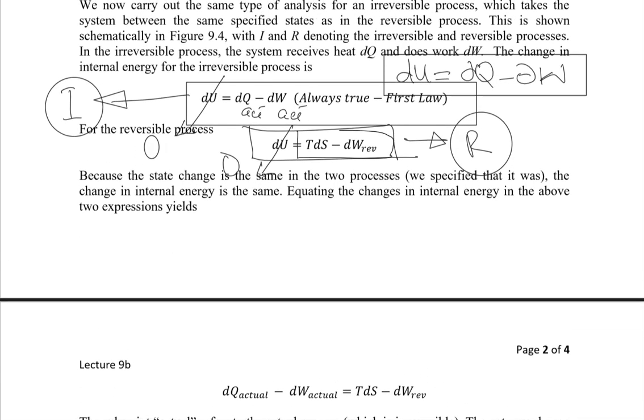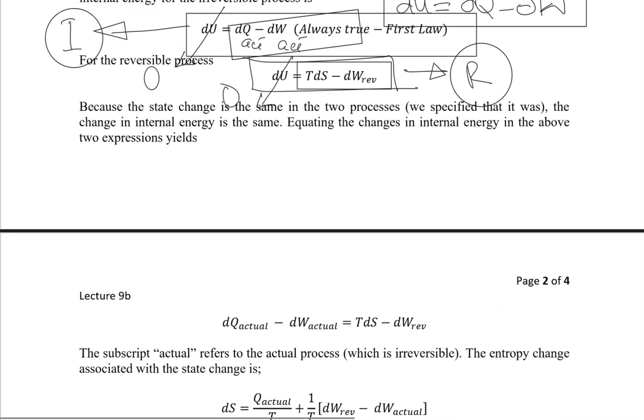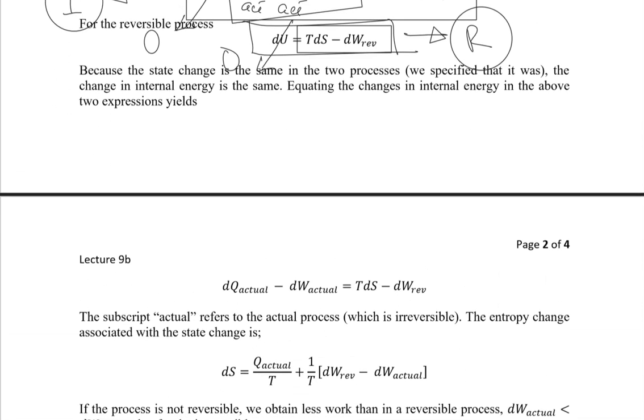So this side of the equation would be equal to this side. Q minus W would be equal to TdS minus work done in a reversible process. That was my actual or irreversible, and that was my reversible process.